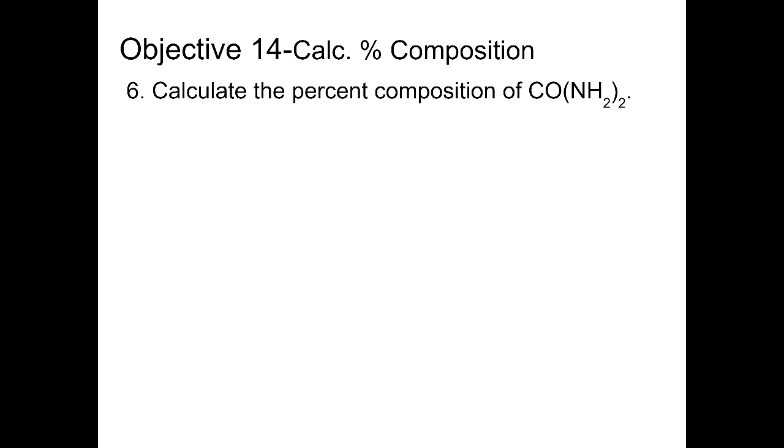Okie dokie. So let's do a little bit of math here. We've got 12 to figure out the overall mass of our entire compound. So 12 plus 16 plus 28 plus 4.